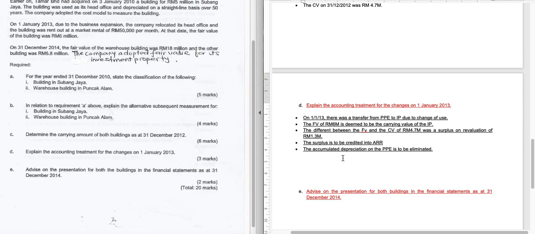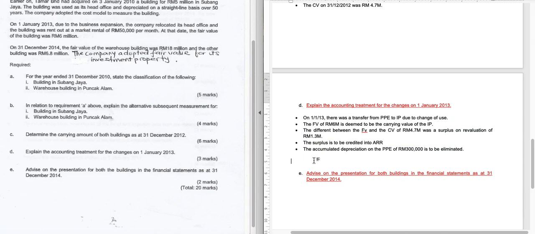So we have to mention the accumulated depreciation of the PPE of RM, how much? RM 300,000 is to be eliminated. So that's the answer for transfer.